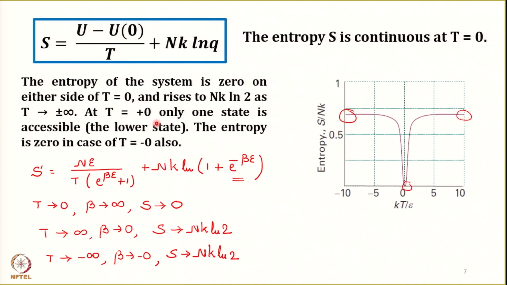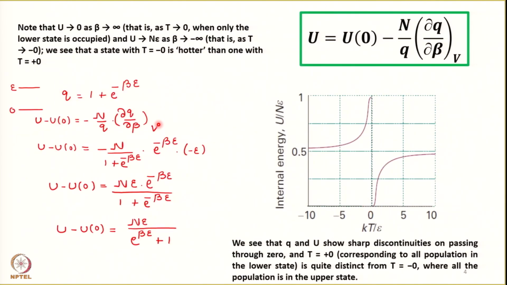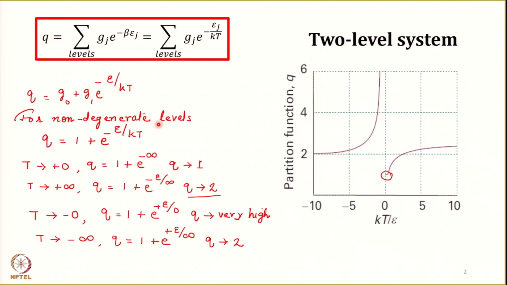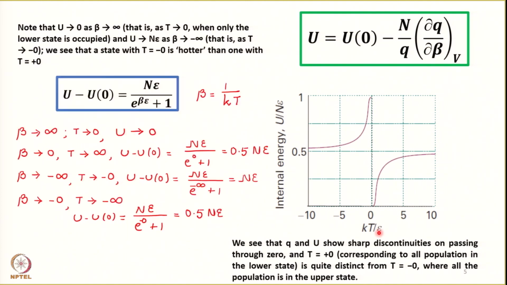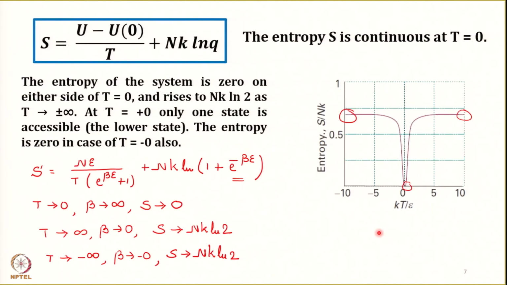At T plus 0, only one state is accessible, and that is the lower state. Now note down that the functions that we just plotted, for example, the partition function here was plotted against kT by epsilon, and in the next one, internal energy was plotted against kT by epsilon, and even entropy was plotted against kT by epsilon.